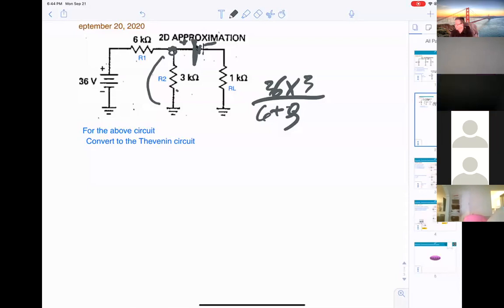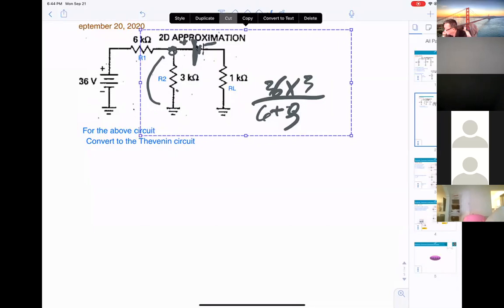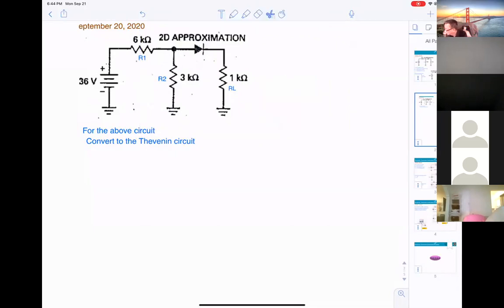However, if you're looking into this circuitry, you can see the current flow from here, when they go to this point, one goes here, one goes here. So they are not in series. You cannot use voltage divider.